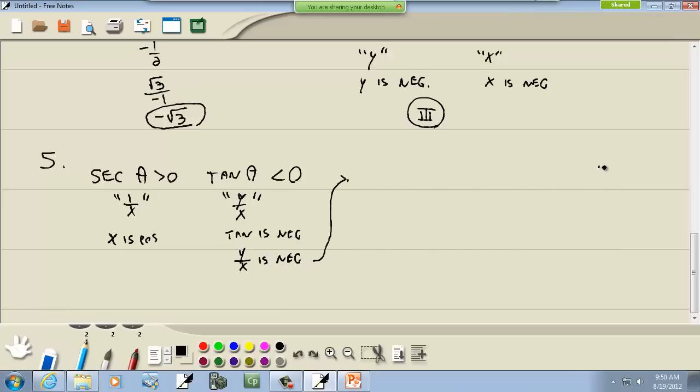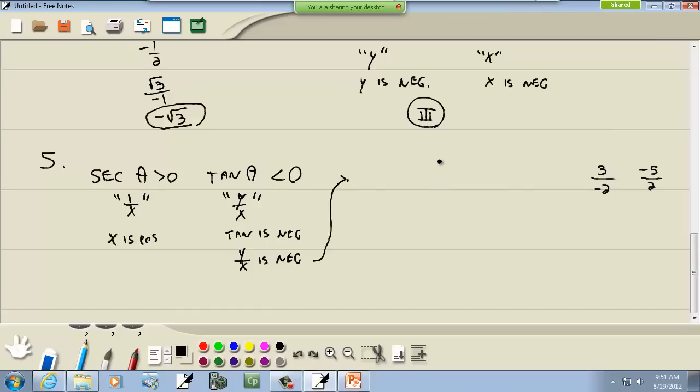You could have a positive number on top, negative on the bottom. That would give you a negative. You could have a negative on top and a positive on the bottom. That would give you a negative. Now, if I had a positive on top and positive on the bottom, that's positive. If I had a negative on top and negative on the bottom, negative divided by negative is positive. So the signs have to alternate like this.